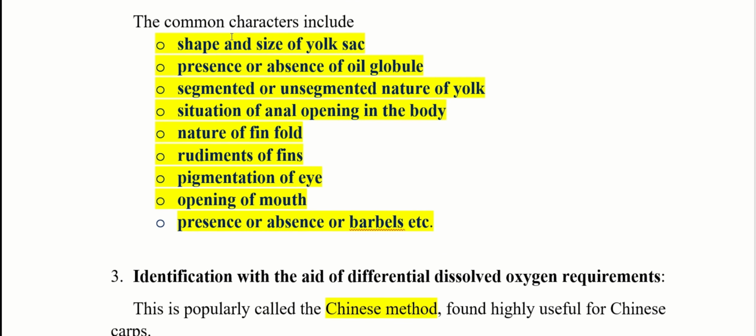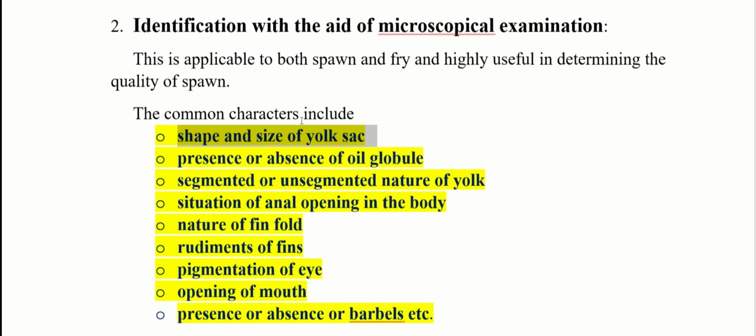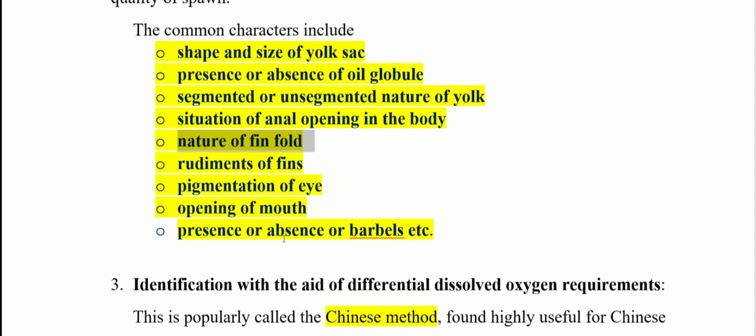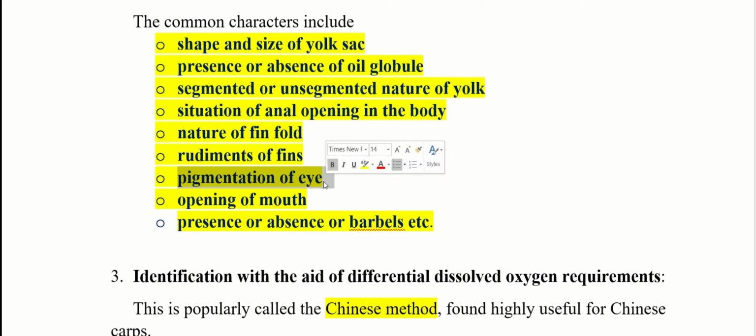The common characters include shape and size of yolk sac, presence or absence of oil globule, segmented or unsegmented nature of yolk, situation of anal opening in the body, nature of fin fold, rudiments of fins, pigmentation of eye, opening of mouth, presence or absence of barbels, etc. These are characters by which we can identify the spawn and fry of a particular fish species.